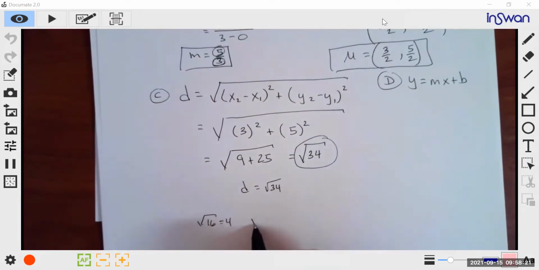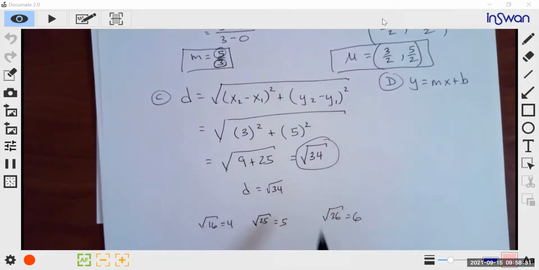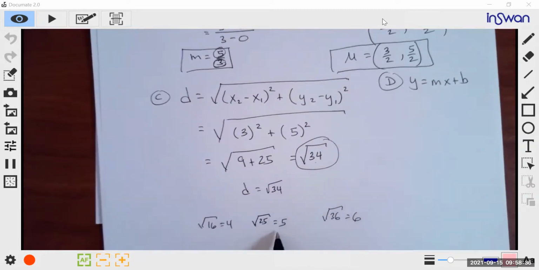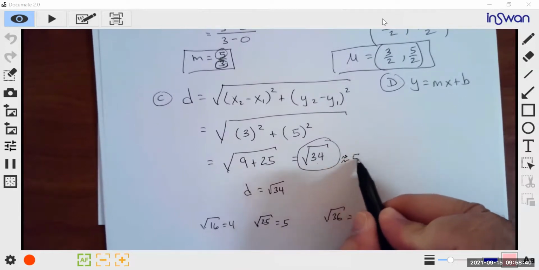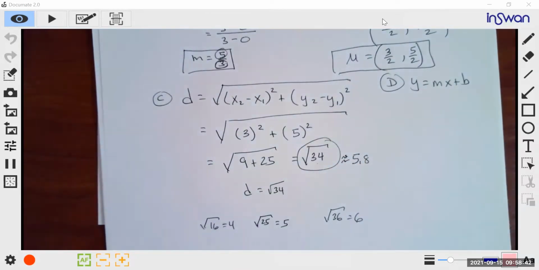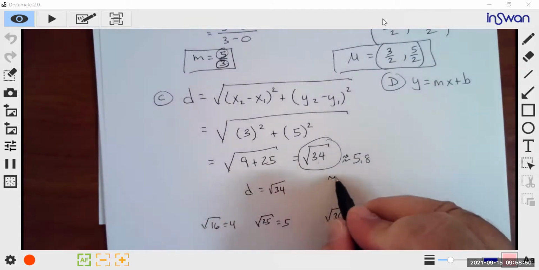So how about square root of 25? We know that's 5. 34 is bigger than that. How about square root of 36? 34 is less than that. So it's got to be less than 6, but greater than 5. So it's approximately 5.8 because it's closer to this end. That's called an approximation.